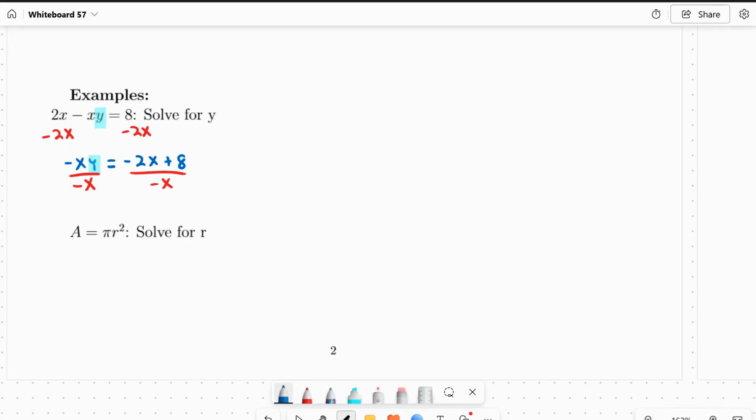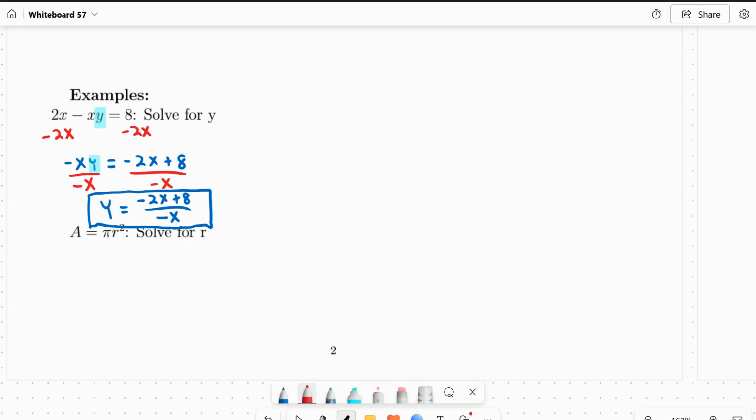Okay, from here, my solution would be y equals negative 2x plus 8 all over negative x. In a case like this, this fraction could be simplified, but since our main focus is literal equations, I am okay if you leave it as that.